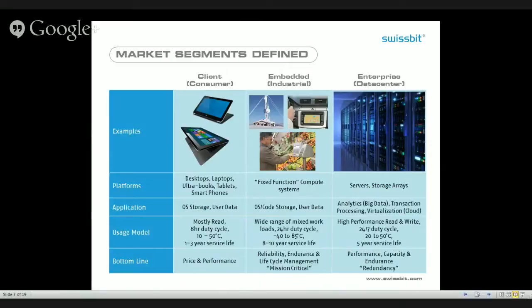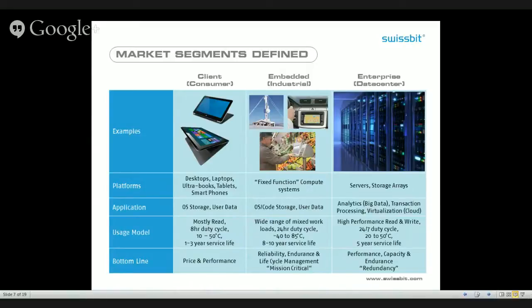We want instant back. On the other end is the enterprise or data center. Here, servers, storage arrays, and those types of things. And the applications are big data, and a lot of transactional processing. The usage model is high performance, read-write. It's a 24/7 duty cycle. The temperature is similar to client.